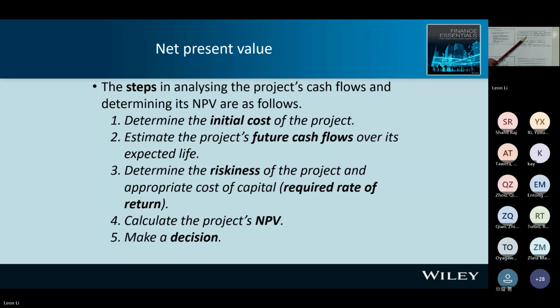Second, estimation of the required return. This is another key variable. We will have a more detailed discussion in chapter 11. After we have the future cash flow and the required return, then we do the NPV. For me, it's not difficult. This is what we are going to discuss in this chapter, chapter 10.